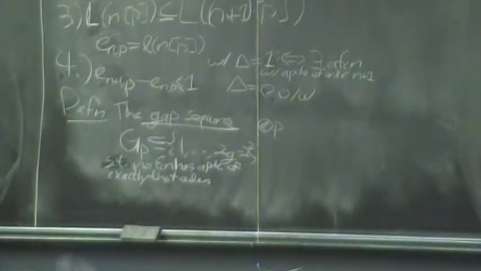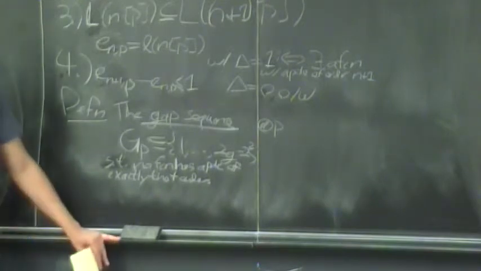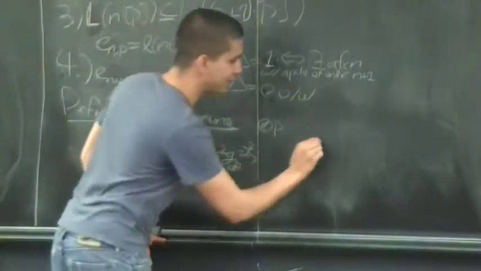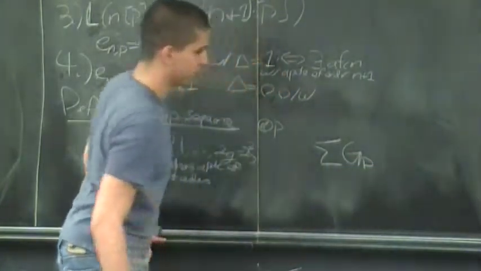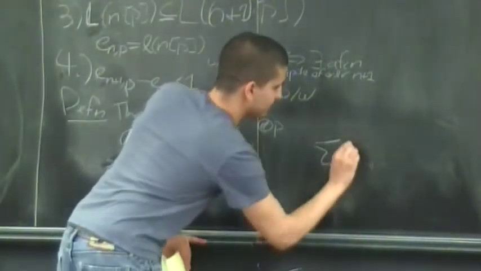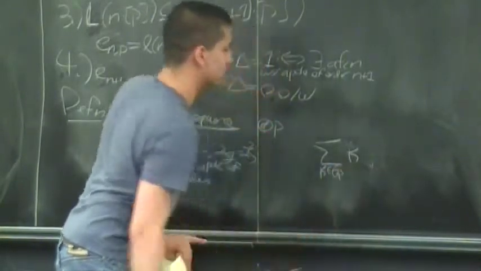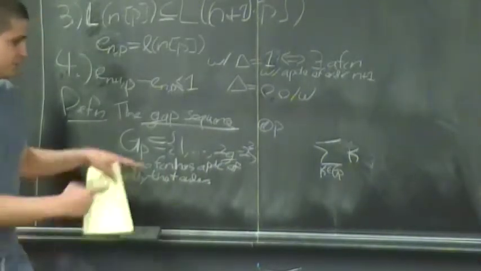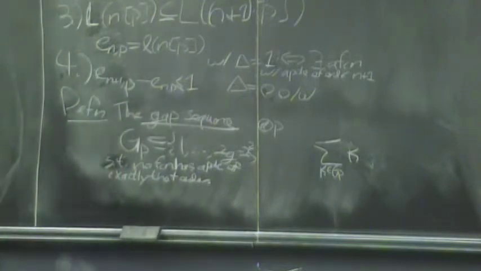The first thing that's a little bit interesting about these sets is this. If we take the gap sequence for a particular point and add up all the values, technically the sum of k over all k in the gap sequence, you might think the smallest sum you can possibly get is when you have the numbers from 1 to g minus 1.